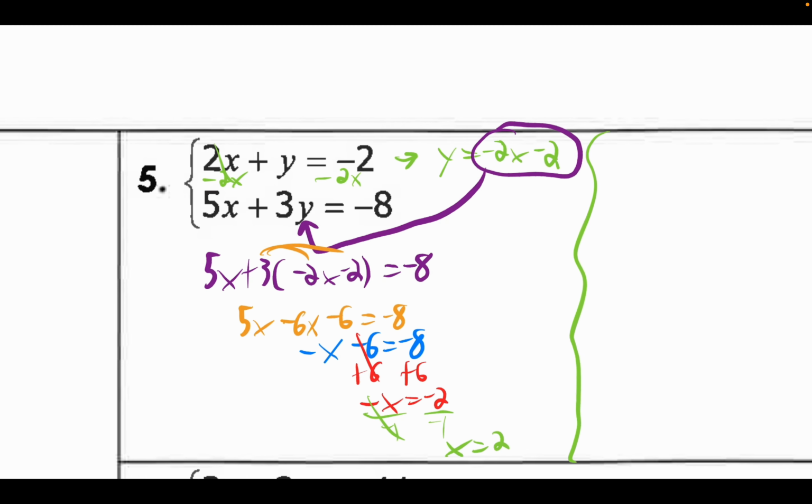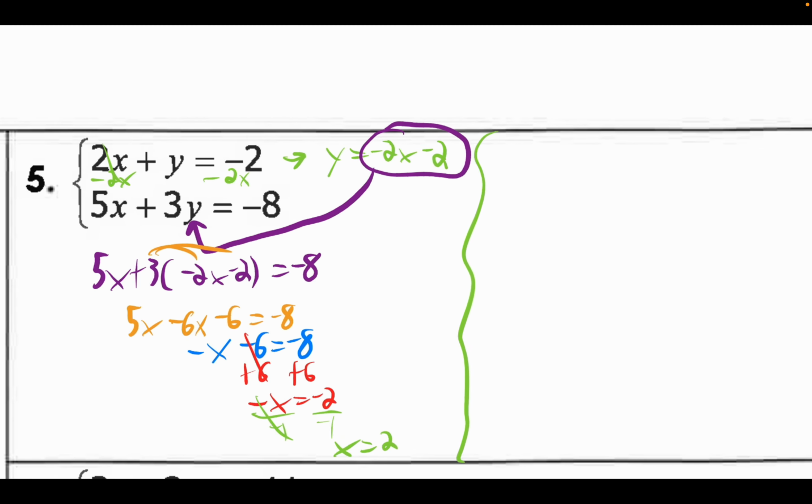Now I can take this and plug it into either my original two equations, or, as I mentioned in step 2, the revised equation from step 1. Now, the reason why somebody might choose this equation over the other two is because it's already solved for y. And that can make your life easier since we're now looking for the variable y.